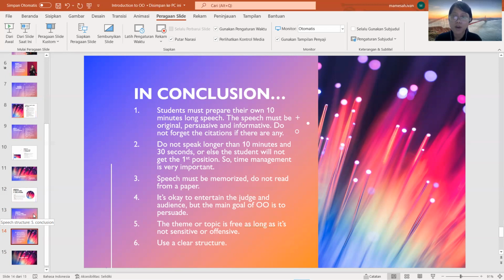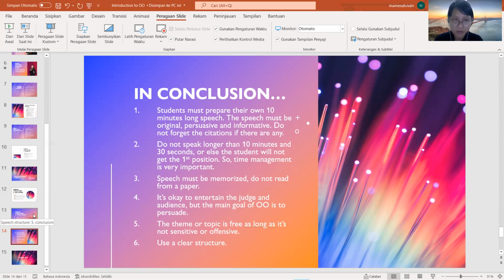Do not read from a paper, because if you read from a paper, usually the original oratory judge, not only speech judges, but even including debate judges, those judges are very well experienced. They can decipher the diction and the style of students who are reading and those who are actually speaking.